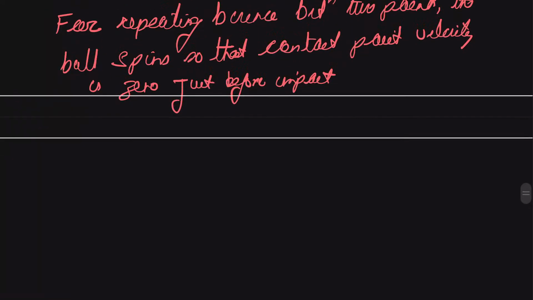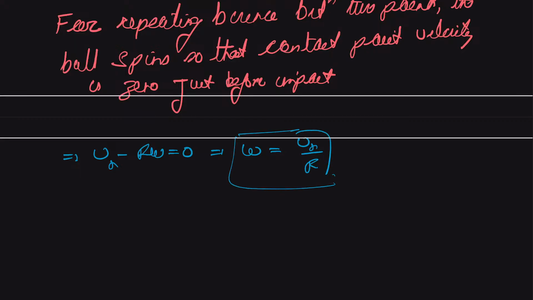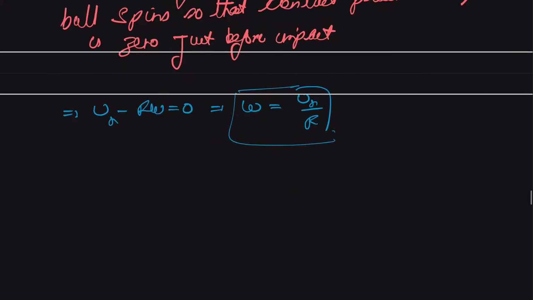So if we substitute this condition, we can write that our Vx minus r omega is equal to 0, or we can say that our omega is equal to velocity in x direction, that is horizontal, divided by our r. And next we can find out the horizontal distance between the bounce points.